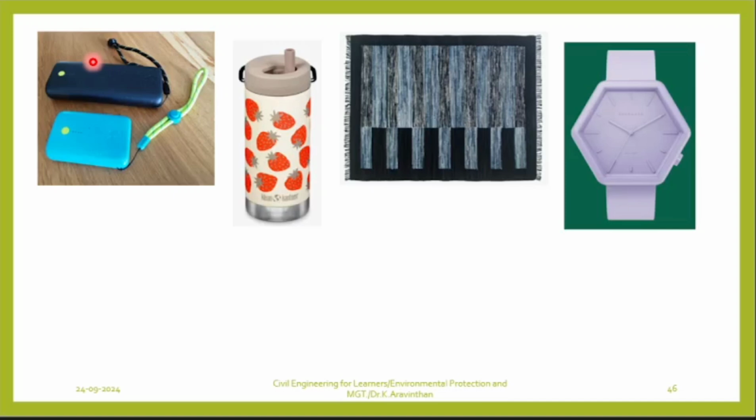You go to a branded company in a shopping mall, but when you are catching a bus, go there, the same watch will be there. The cost, he will say, 100 rupees. Same watch. Our heart will break at that time. Why have I lost my money like that? The thing is, it is recycled.